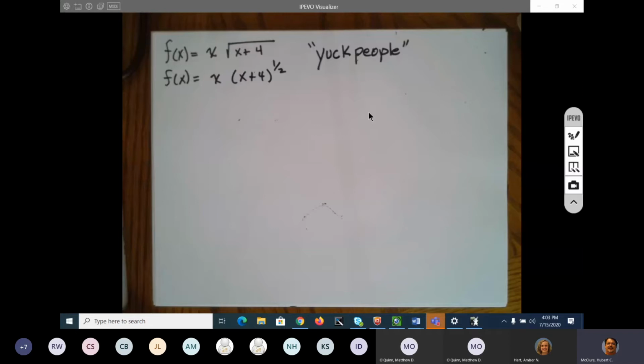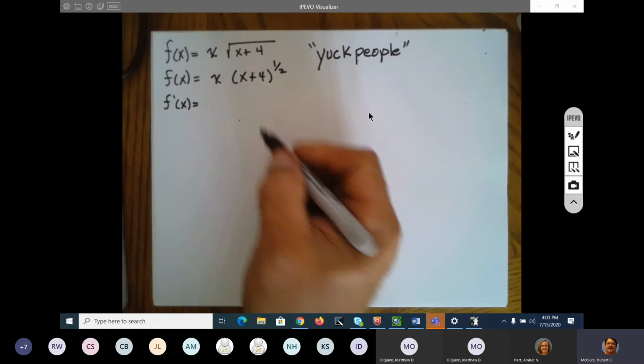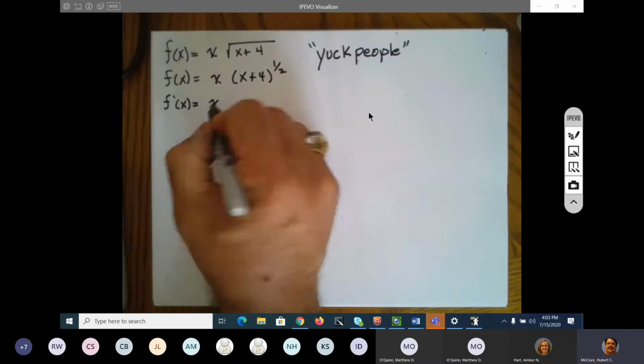So here we go. F prime of x is equal to the first times the derivative of the second.